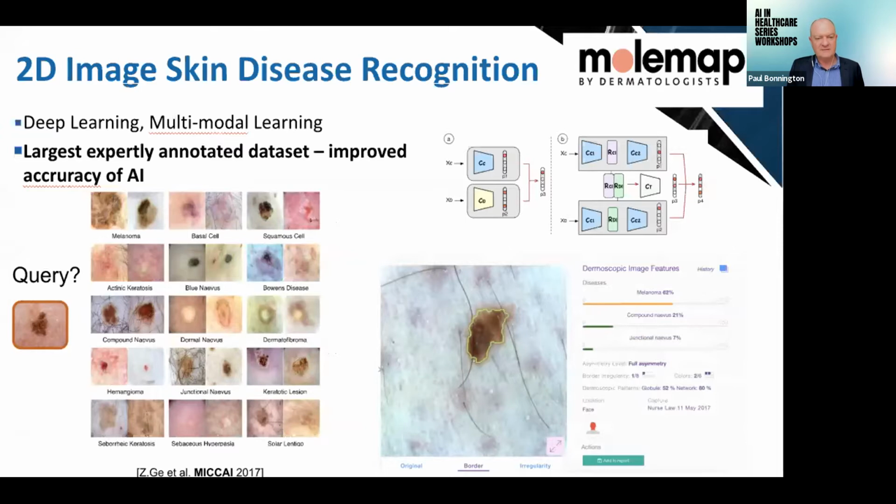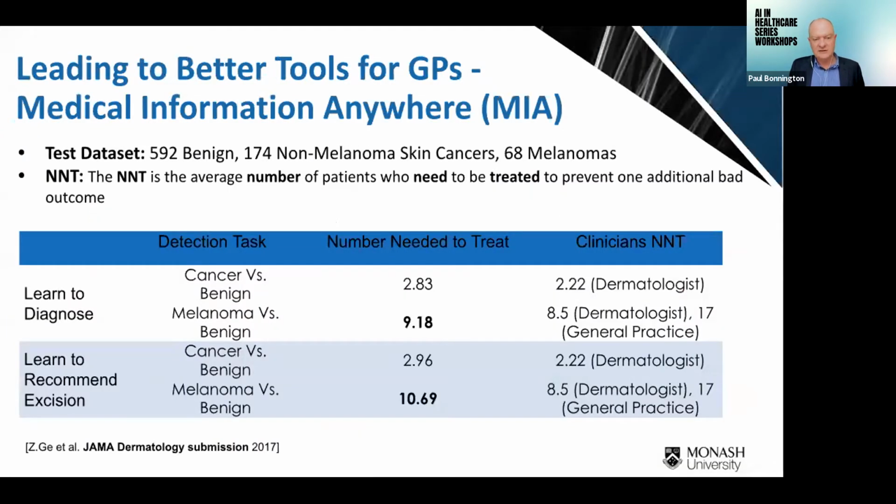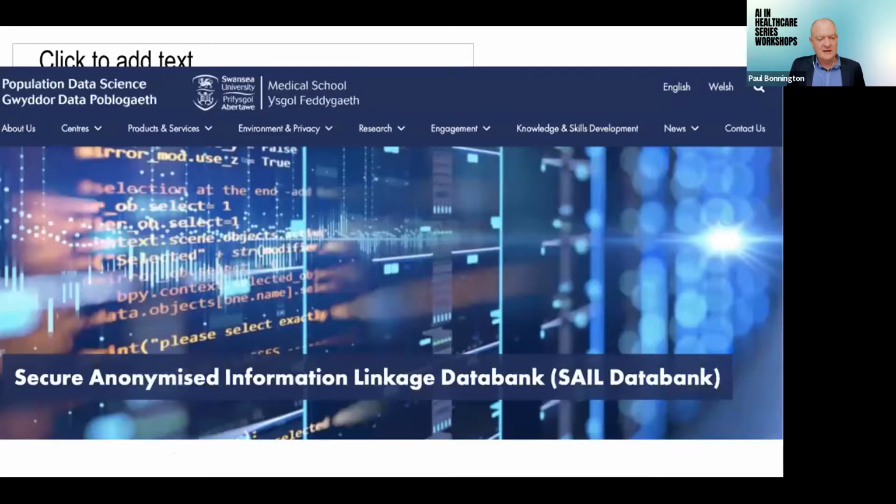Zongyang has been instrumental in this partnership with molemap, and we're using it to train AI engines to detect melanomas, working with single lesion images, which have been fully annotated by dermatologists. And this is leading to better tools that support the GP clinics, for example, and able to determine and detect melanoma better than the GP and approaching that of a dermatologist.